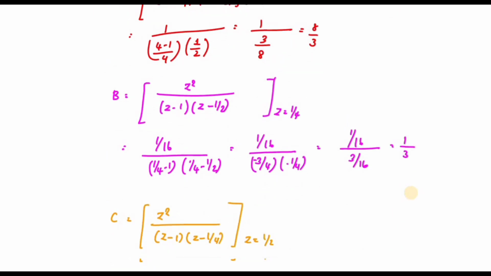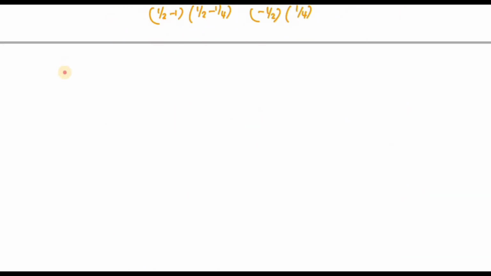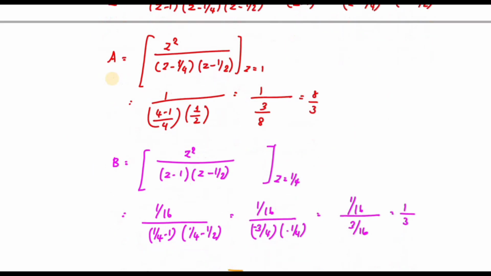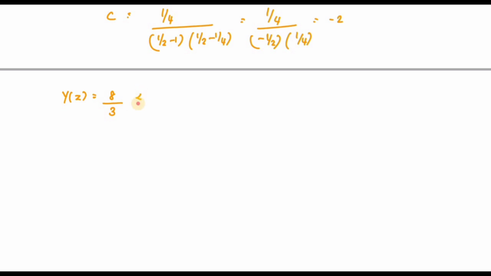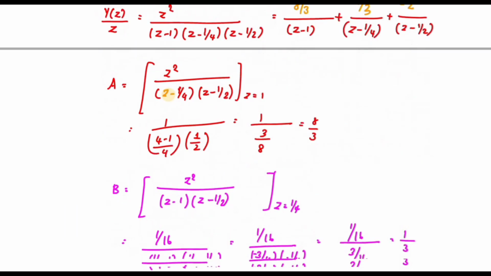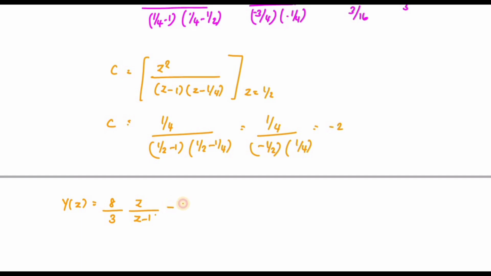I can write Y of z is equal to 8 by 3 z divided by z minus 1, plus 1 by 3 z divided by z minus 1 by 4, minus 2 z divided by z minus 1 by 2.